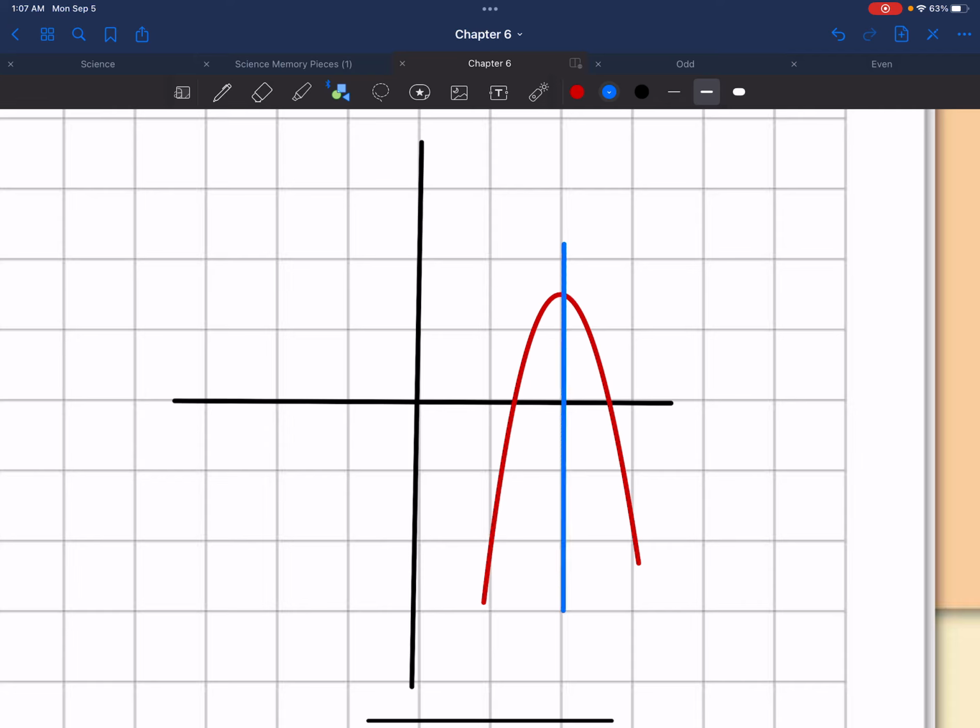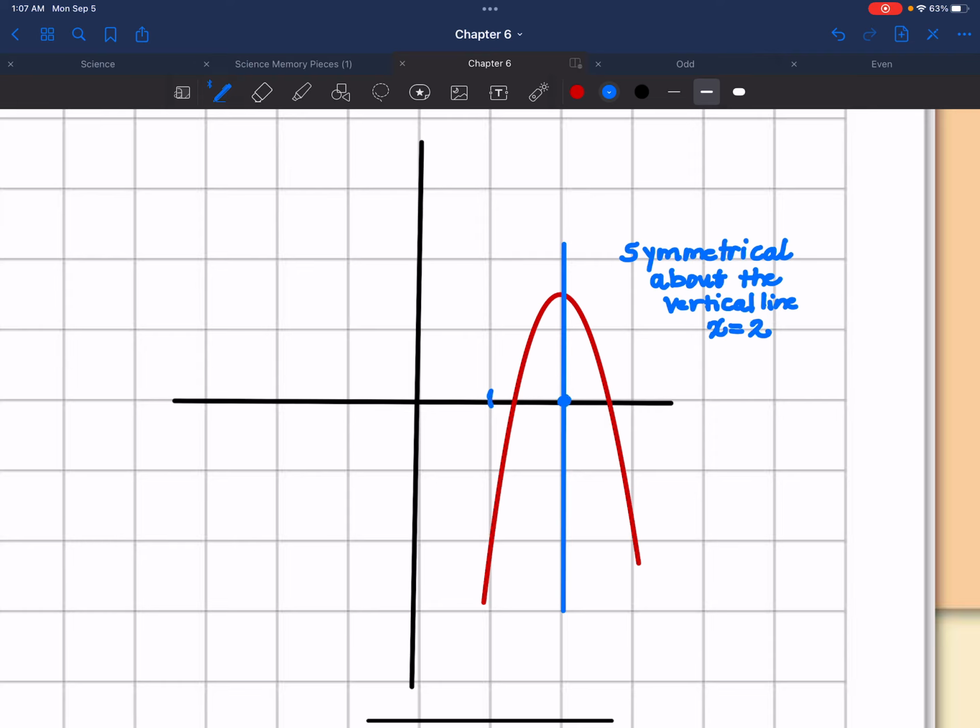So how would we say that in math terms? It is symmetrical because we can draw that mirror image, the two halves. It is symmetrical about the vertical line, that's that blue line that I drew in there, of x equals 2.